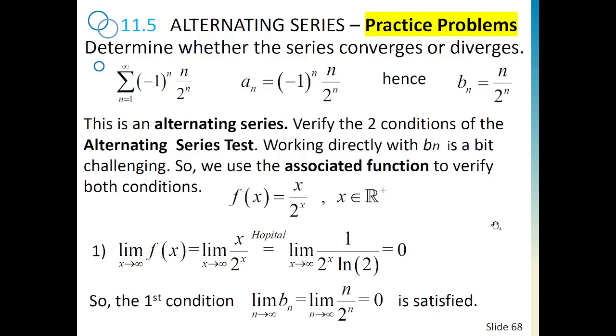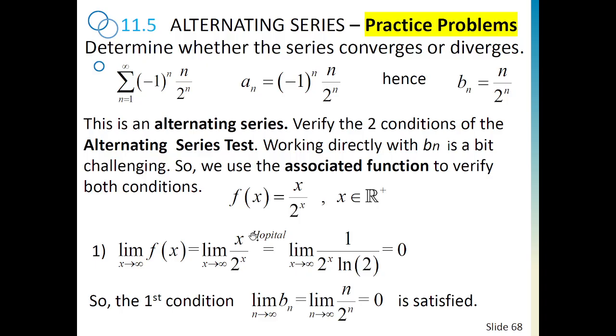Sometimes, this is just an example, we saw that we need to use an associated function to find if the expression is decreasing. Sometimes you will need it to find if the limit of the expression is 0. Unfortunately, here it is not so obvious, so we use the associated function with x positive, obviously.